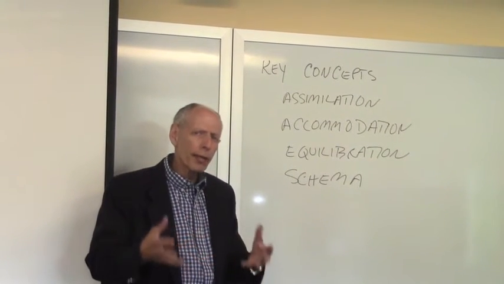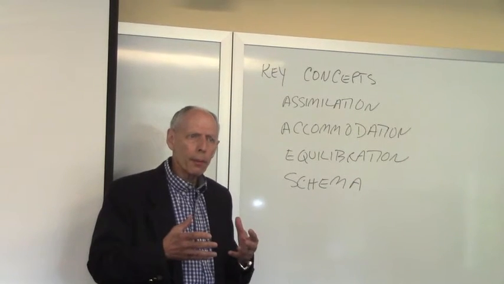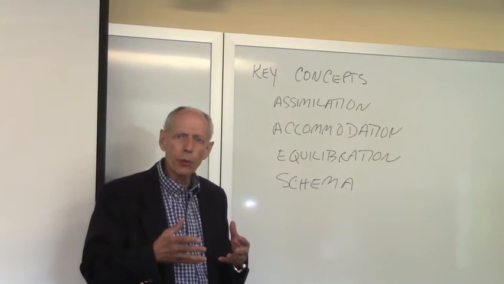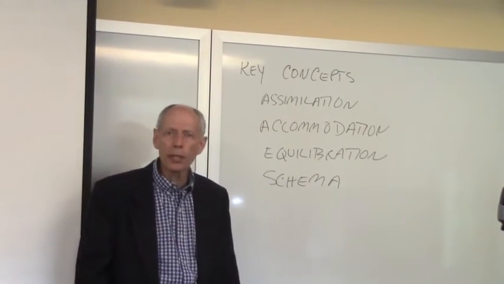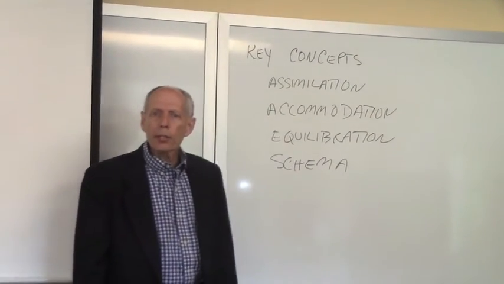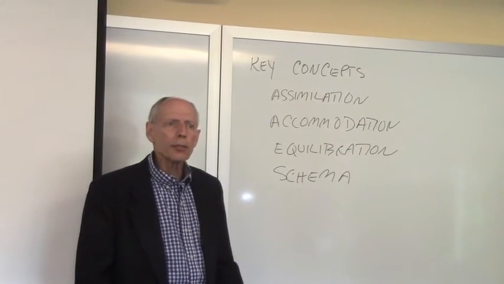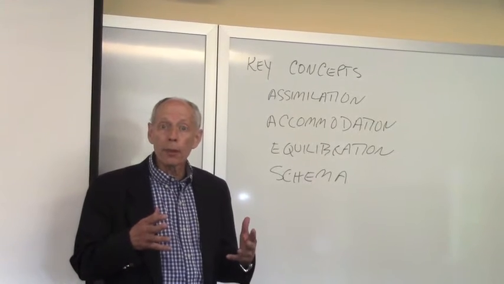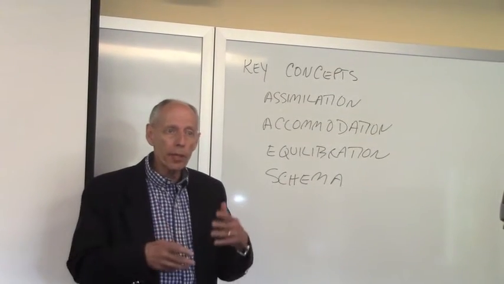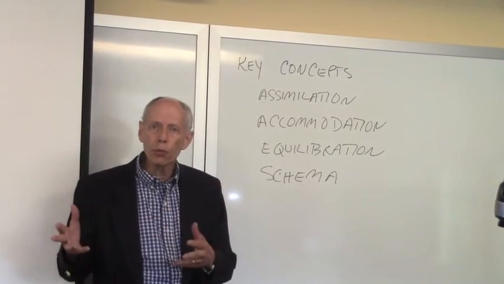And we change it and grow in our ability to make sense out of the world through a couple of related processes. One of them he called assimilation. And what he means by assimilation is the gradual building up of a concept from input and information that comes to us as we move through the world.